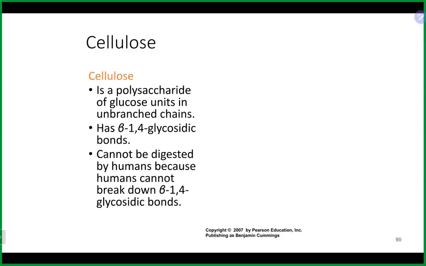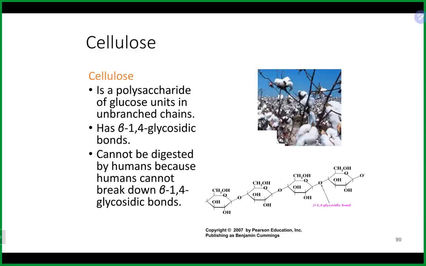Cellulose is a different sort of connection that occurs because it involves a beta glucose. It is a polysaccharide and unbranched, but it has a beta 1,4 glycosidic bond. And again, that's because it comes from a beta glucose, which means the OH group is up.